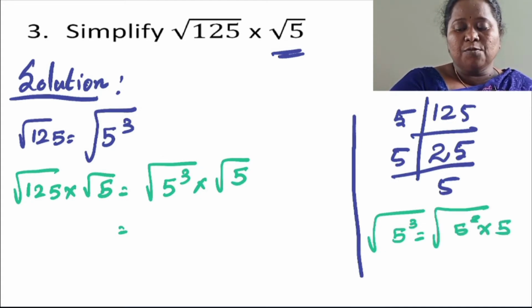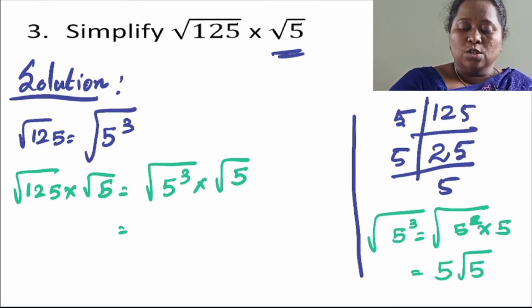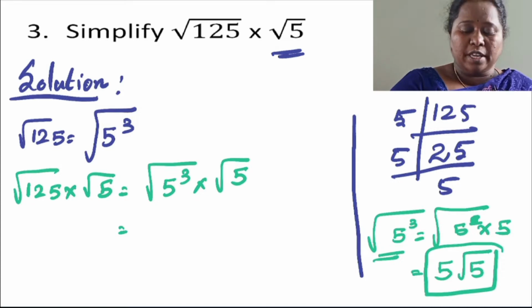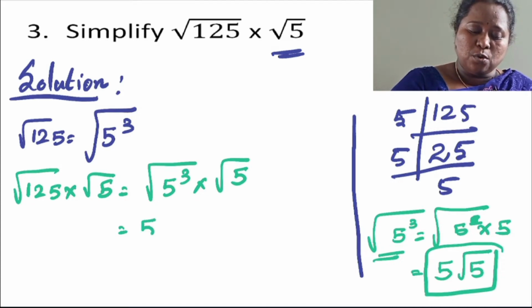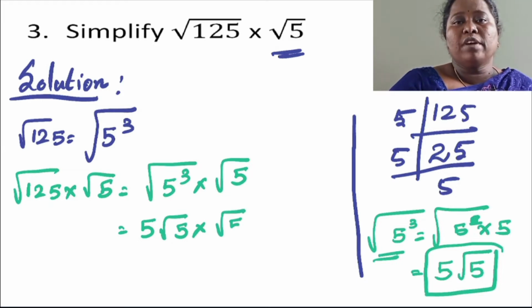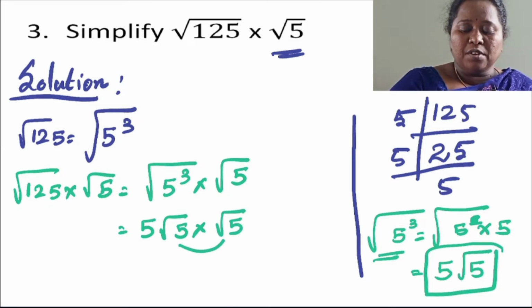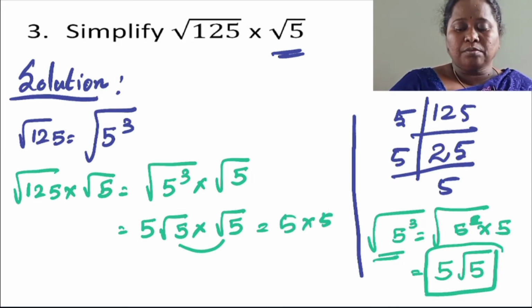If 5 square is there, I can take one 5 out of the root. So 5 will come, then the remainder one 5 will be inside the root. So root of 5 cube can be written as 5 root 5. So here 5 root 5 into root 5 is there. When I multiply this, root 5 and root 5 gives 5.